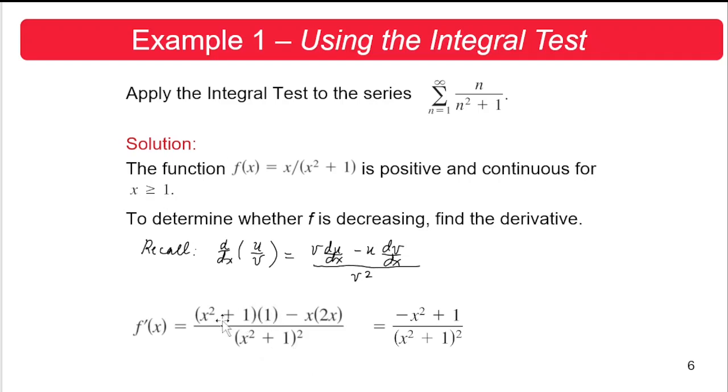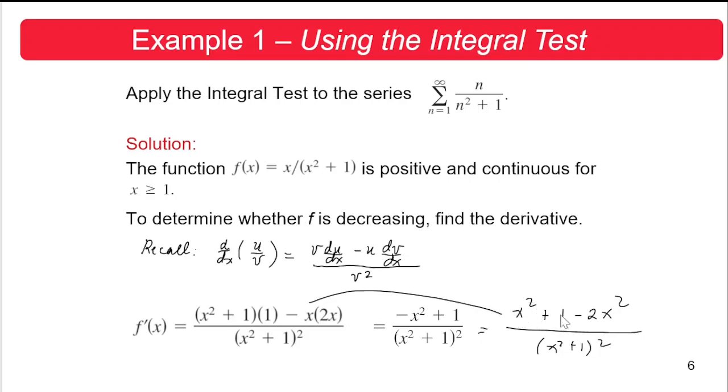Simplifying further, this can be written as x squared plus 1 minus 2x squared, all over (x squared plus 1) raised to the second power.